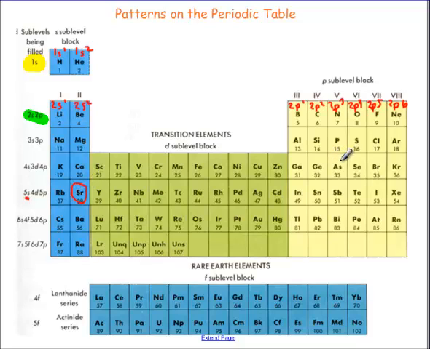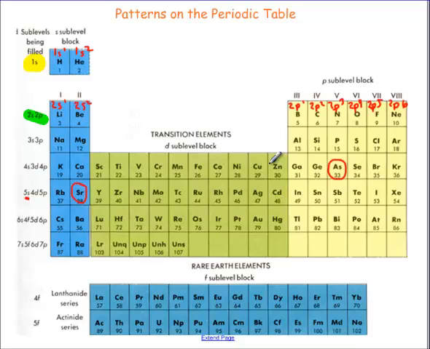Or let's look at arsenic. Arsenic is in the 4th energy level. It's in the P block. It's the third element over, and so its ending for its electron configuration will be 4p3. It's a quick way to make sure that you are reading the periodic table correctly.